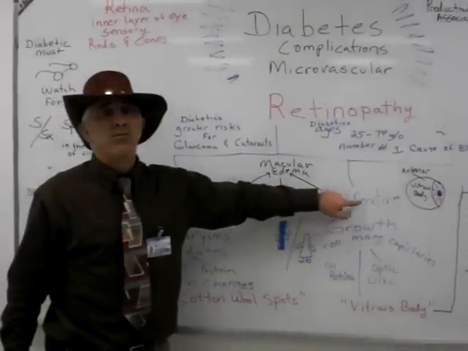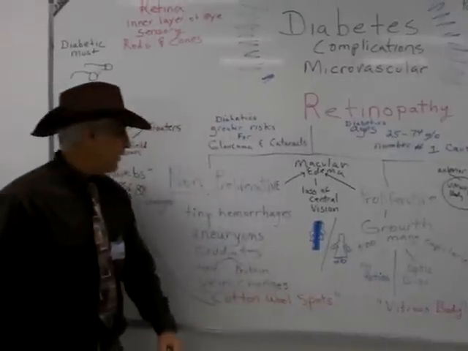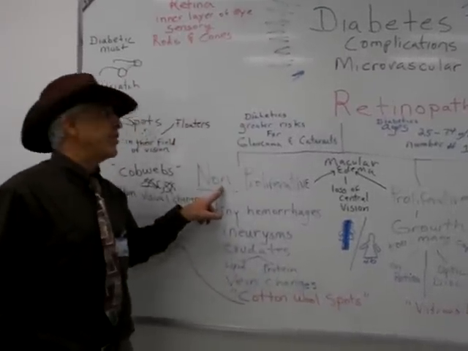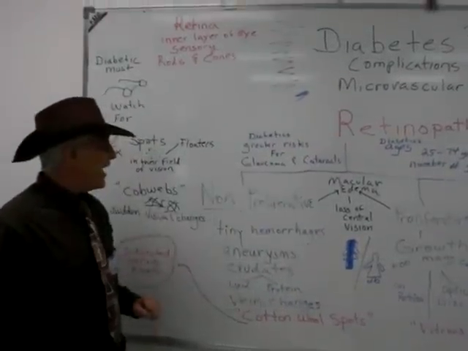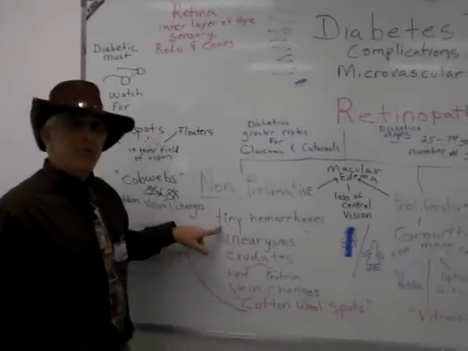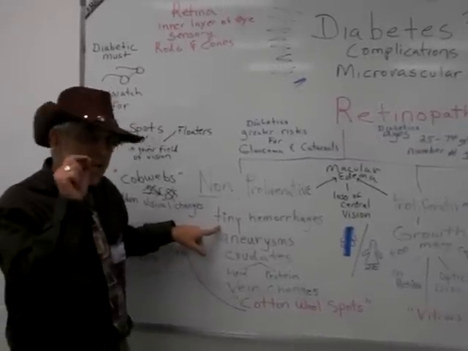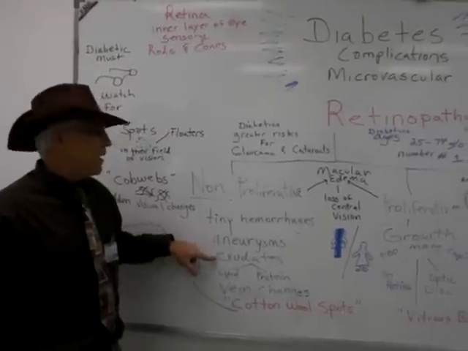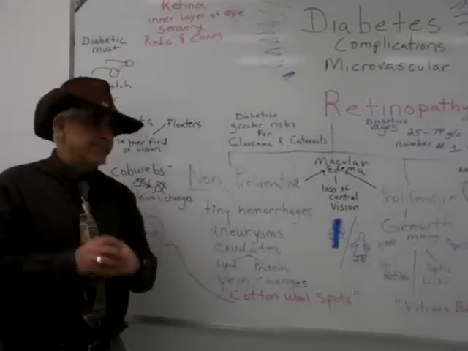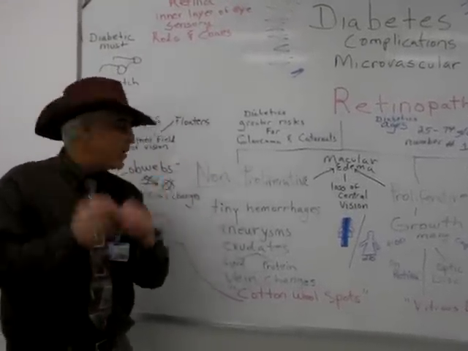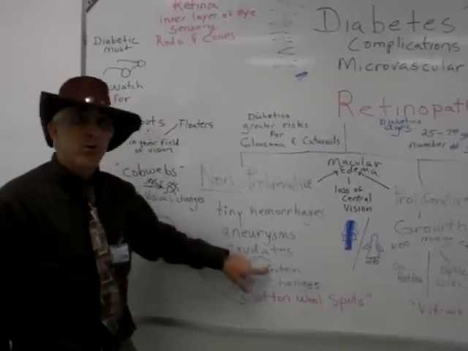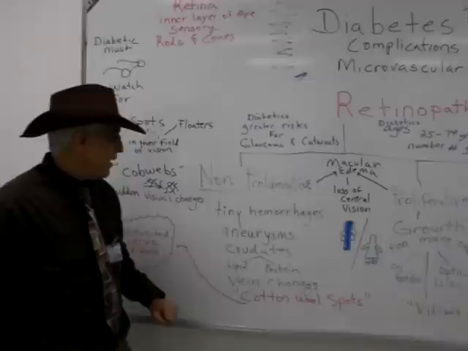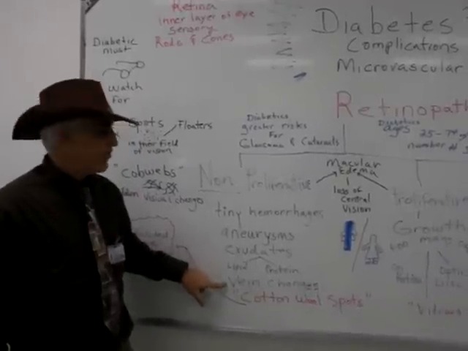Okay, now, in non-proliferative retinopathy, the patient will present with tiny hemorrhages, aneurysms, exudates, which means escapes, if you will, of tiny lipids and proteins in the eye, and also vein changes.